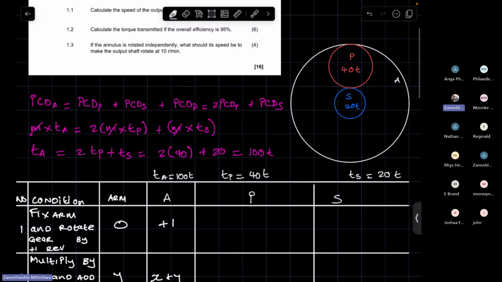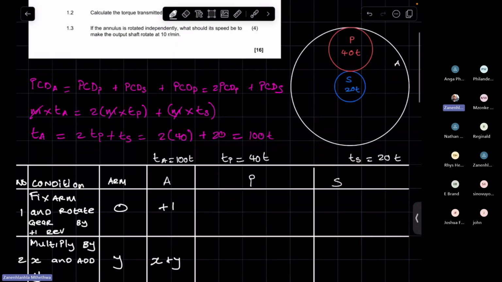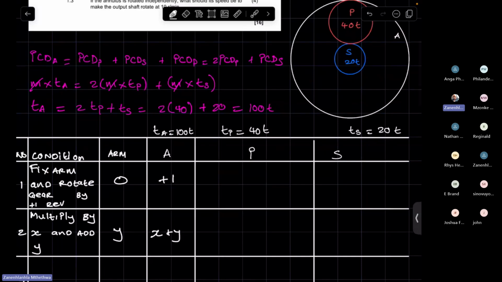Right. Now let's look at how we complete the first condition. Out of all the conditions that you are going to have on the table, condition 1 is the most important. You mess up condition 1, it's pretty much over.